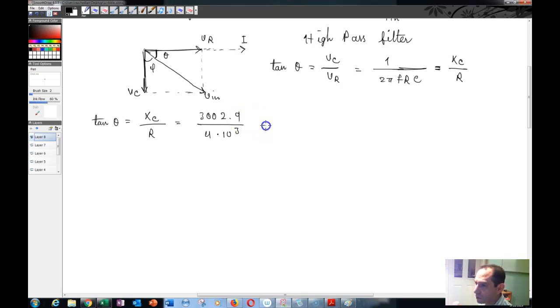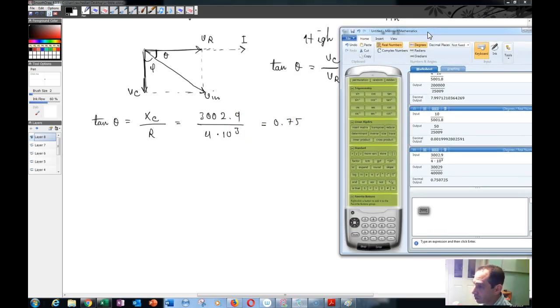0.75. It's actually not a good idea to write the rounded ratio, because if you look at your calculator, you would see the ratio is 0.750725. So you would write the whole ratio in decimal form, or just use the ratio without simplifying it, because otherwise you would lose some precision on your angle once you calculate theta itself.